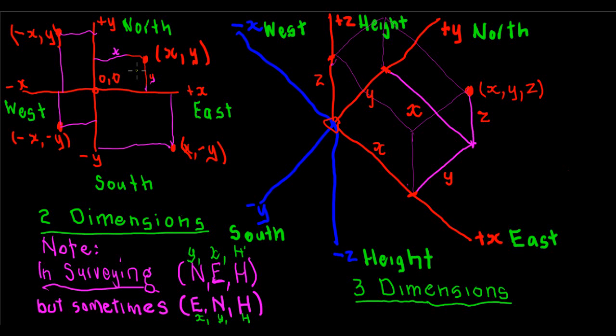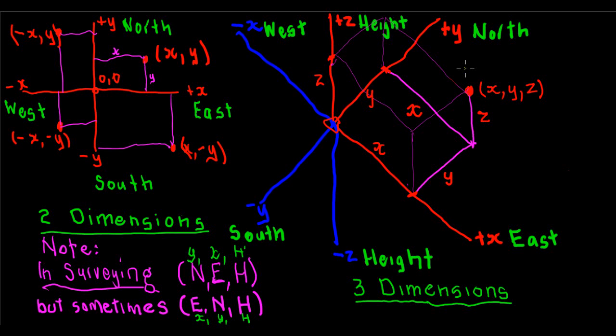Now this is only in the two-dimensional plane. So let's have a look at the three-dimensional plane. We still have our horizontal plane, which we can define in terms of x and y, or east and north, but we can add a third dimension, z, the z coordinate, which correlates in surveying to height.